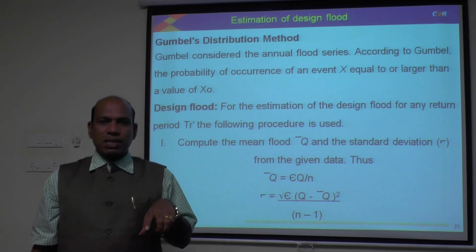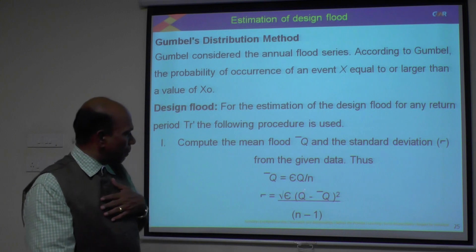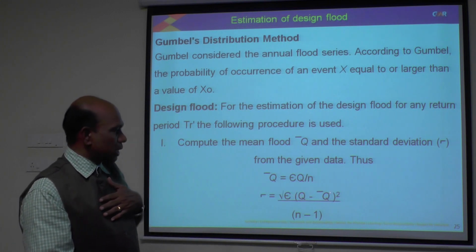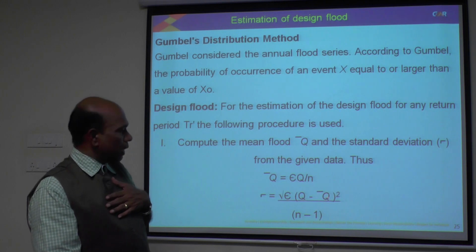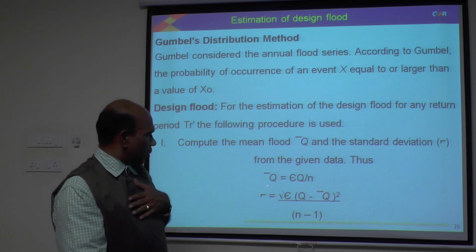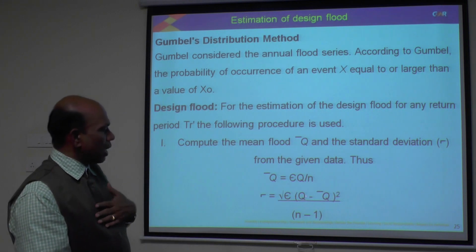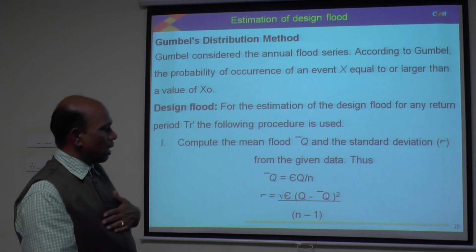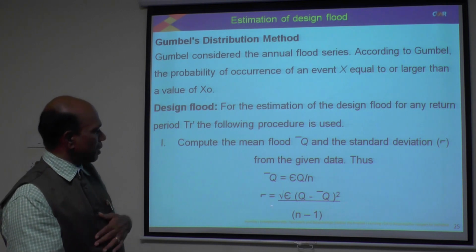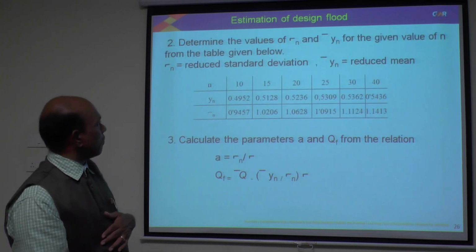The standard deviation is equal to the square root of the sum of (P minus P bar) squared, where P bar is the mean, divided by n minus 1. The same formula we are going to use here. Q is the peak discharge, Q bar is the mean of the discharges. This is the formula for the determination of standard deviation.